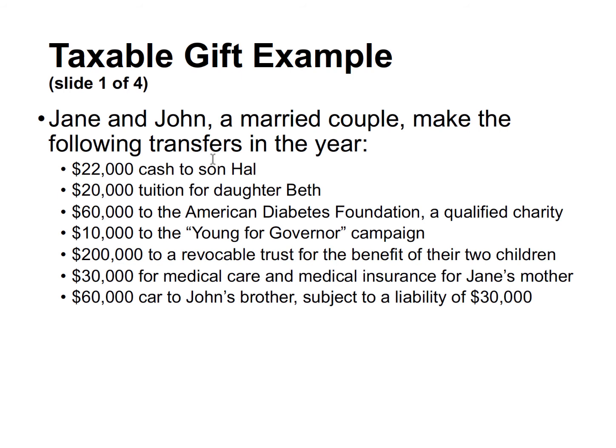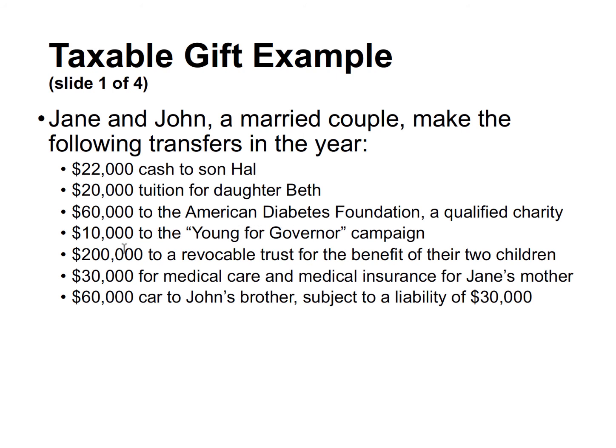We have cash to the son, which I'll tell you right now is for sure a gift, before we consider the annual exclusion amount. $20,000 tuition for daughter Beth, that could be considered education, but the question becomes, is it being paid to the university or the school? The $60,000 to the American Diabetes Foundation, that's a qualified charity, so that brings up an interesting point for charitable contribution. $10,000 to the Young for Governor campaign, that's for a politician.